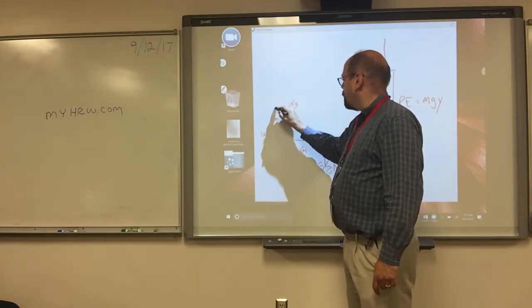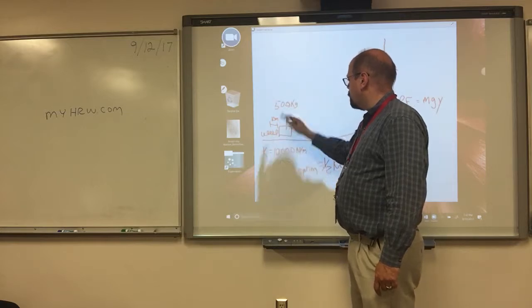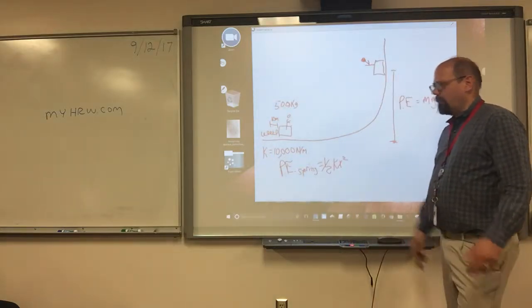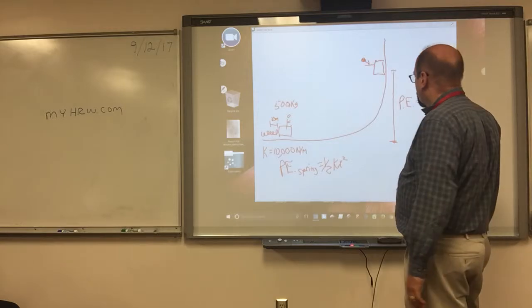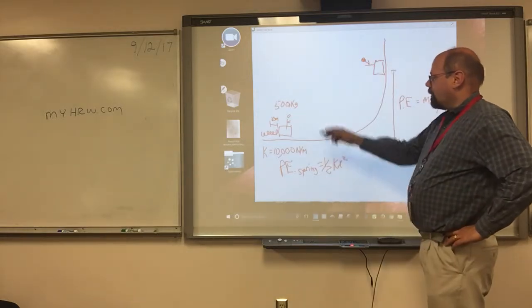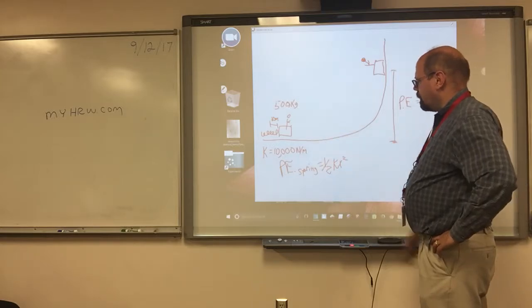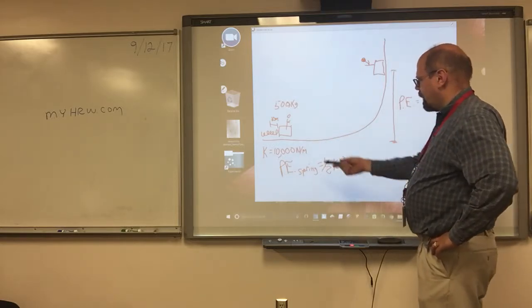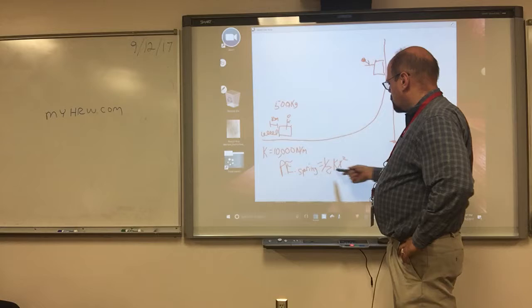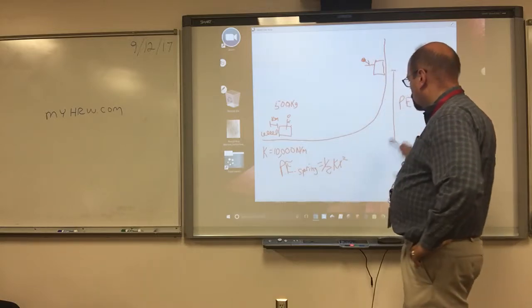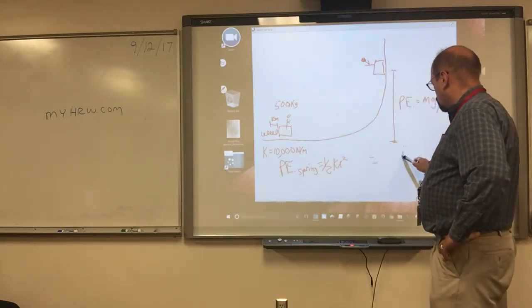Let me get in there and make it 500 because I know the math's going to end up a little easier. 500 kilograms. Maybe there's 3 or 4 cars and several people. So we've got a 500 kilogram car down here. It's compressing the spring by 10 meters. So if I want to figure out how much energy is stored in there, I'm going to plug these numbers in, and I'm going to set it equal to this potential energy.